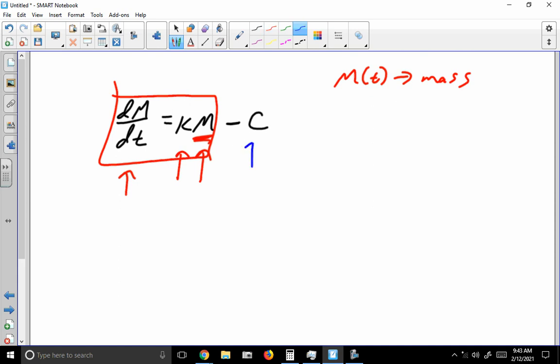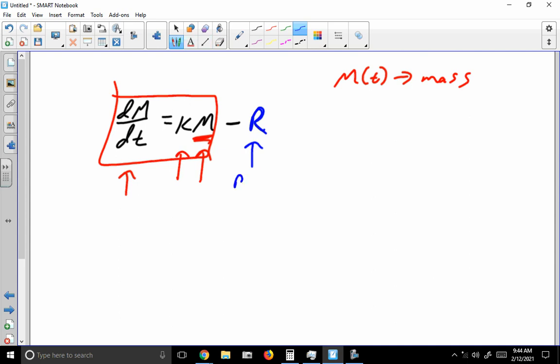But here, I'm using C. We could use another letter there. Let's use R for remove. Not sure what letter they're using in my math lab or in the book.